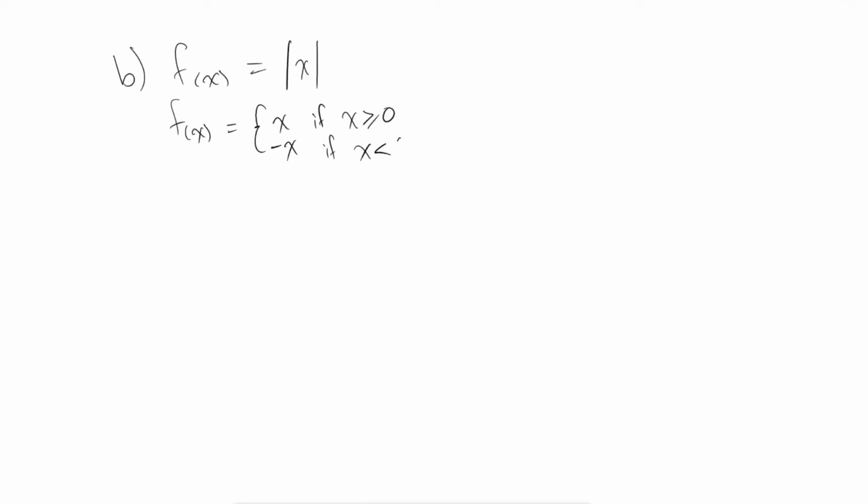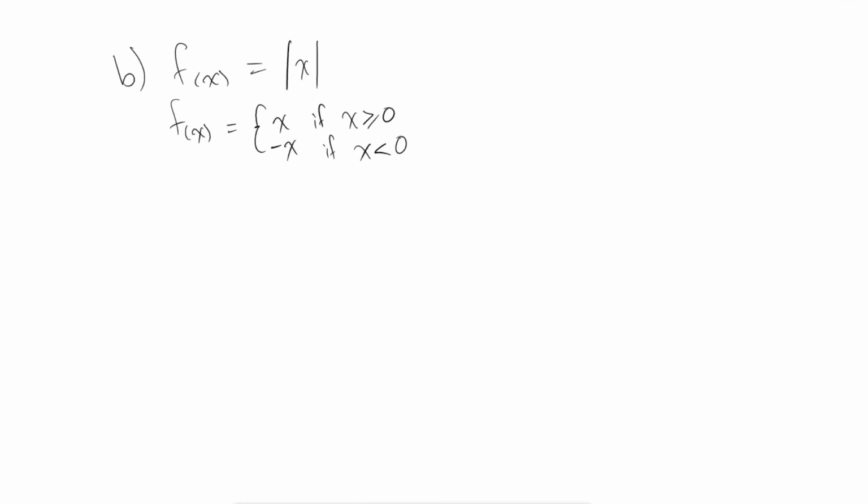Moving on to part B, we have now our absolute value function. For part B, the function f of x is equal to the absolute value of x. Since it's an absolute value, thinking back, you might remember we have to have the two cases. So f of x is equal to x if x is greater than or equal to 0, and negative x if x is less than 0.